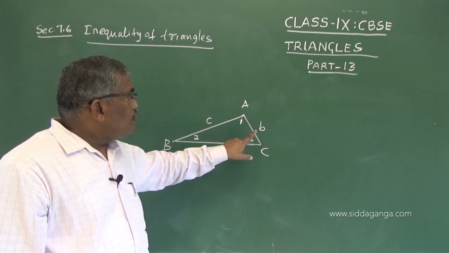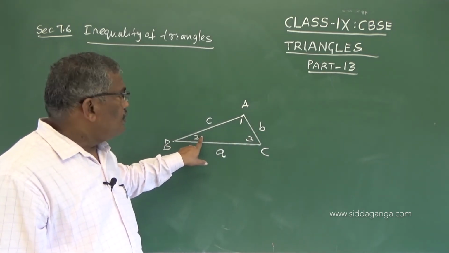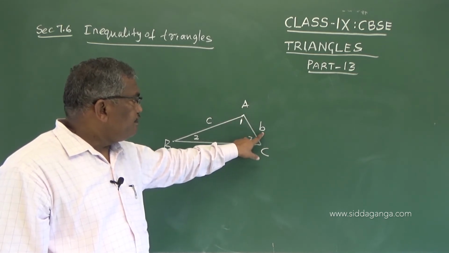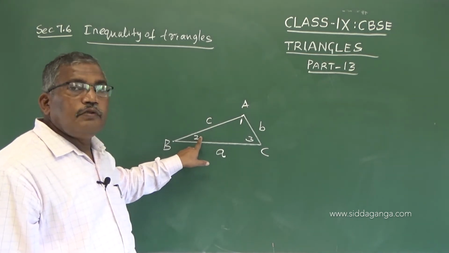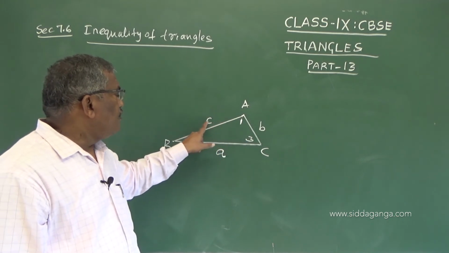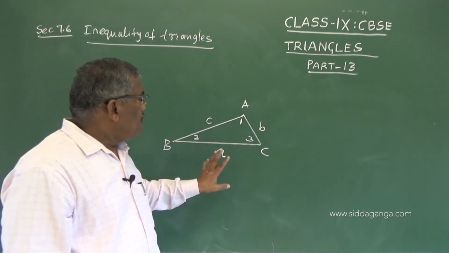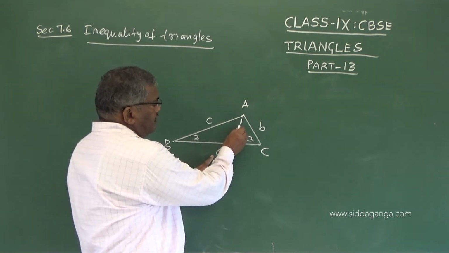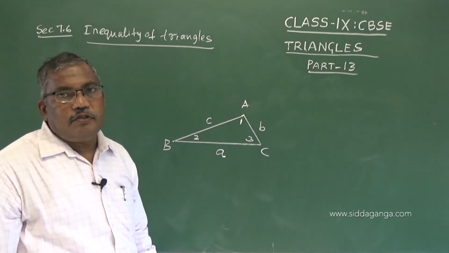Now the smallest side's opposite angle will be the smallest. The smallest side is AC, that is b, and therefore the smallest angle will be angle 2. The remaining one, c's opposite, is the middle one. So the largest side's opposite angle will be larger and the smallest side's opposite angle will be smaller.